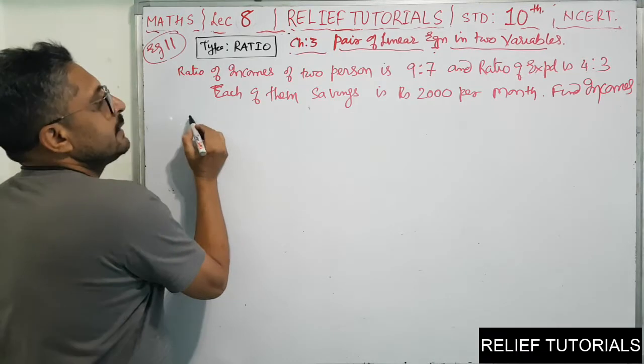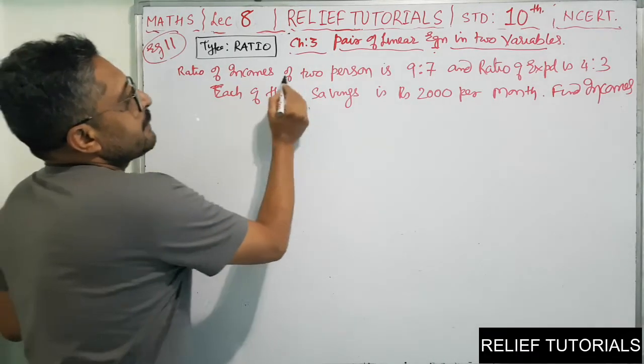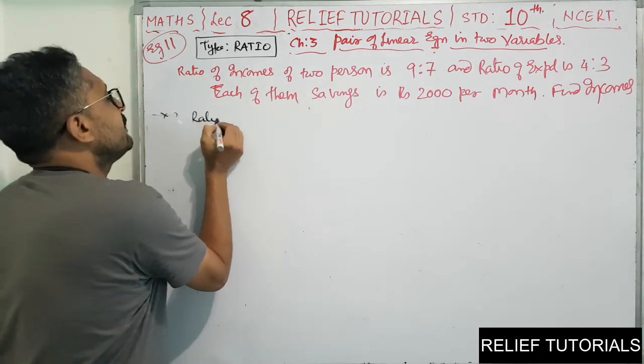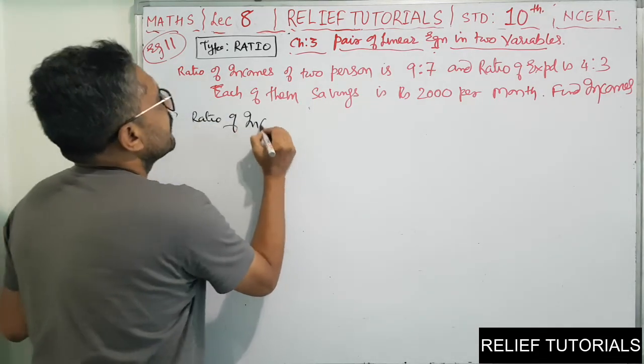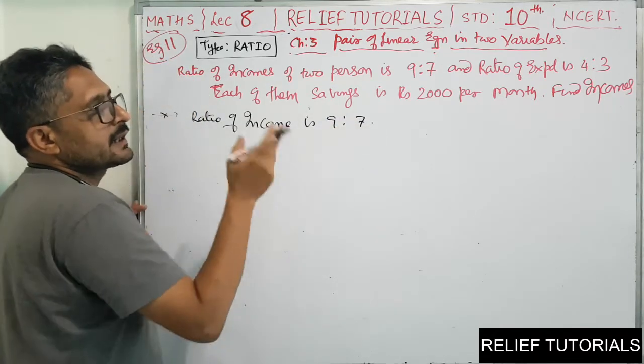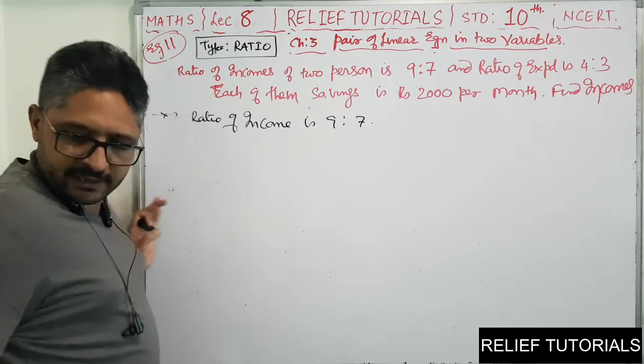Now here it is given, the ratio of income of two persons is 9:7 and the ratio of the expenditure is 4:3.